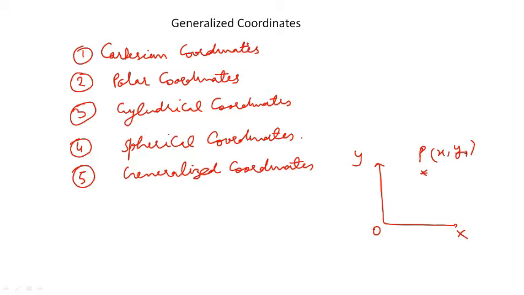Those will be x and y. Or you can say that if the particle is moving freely in this two-dimensional space, then it will have 2 degrees of freedom.